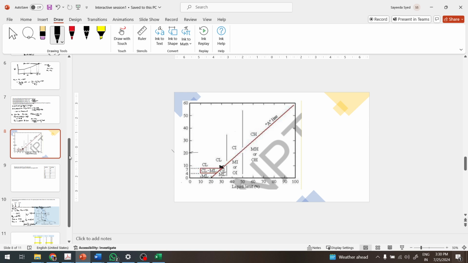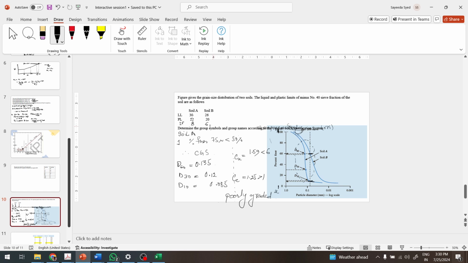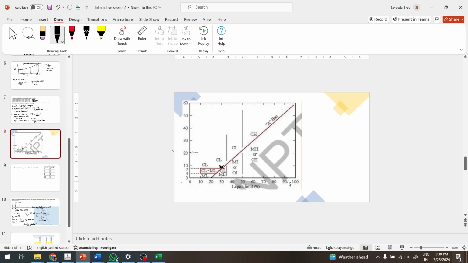The first soil. The second soil is soil B, 26 and 6. This is somewhere here, CL-ML. This is soil A, this is soil B. Actually, let us calculate 0.73 times (WL minus 20).